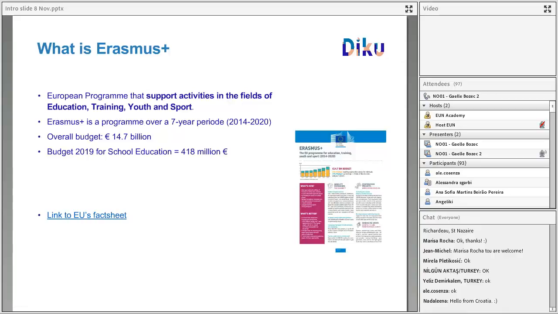In my presentation there is a link to the EU fact sheets, so you can read a lot more about these figures. I can say as well that the funding available is different from country to country.